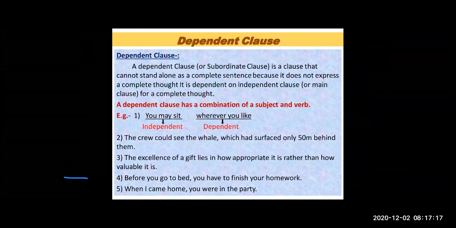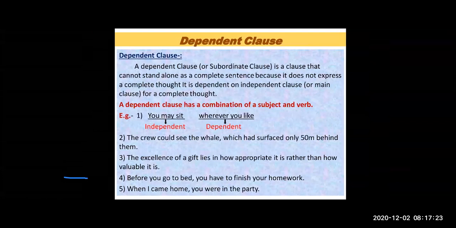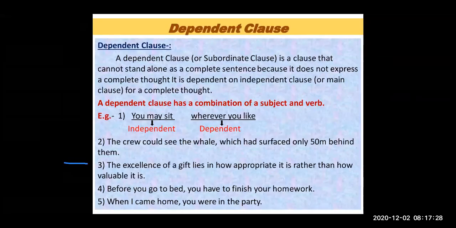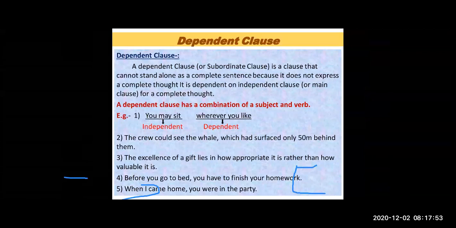Now again, rather than how valuable it is is a dependent clause, and the excellence of a gift lies in how appropriate it is is an independent clause. Now this clause, rather than how valuable it is, is dependent on which clause? The excellence of a gift lies in how appropriate it is.